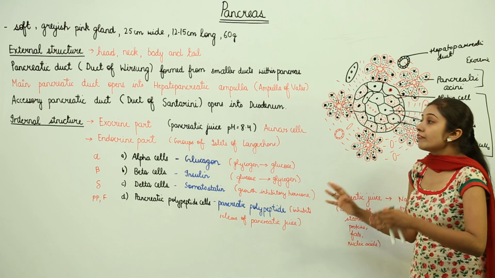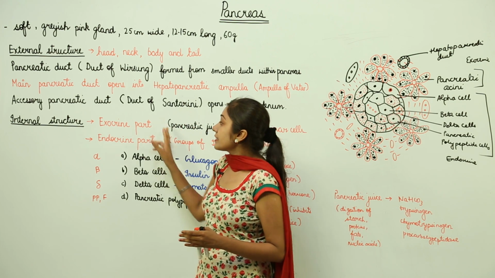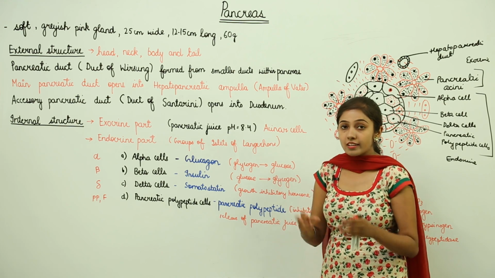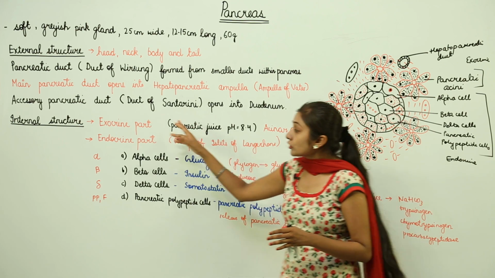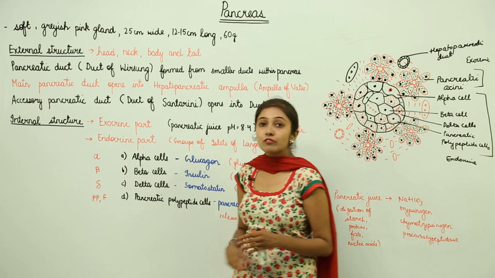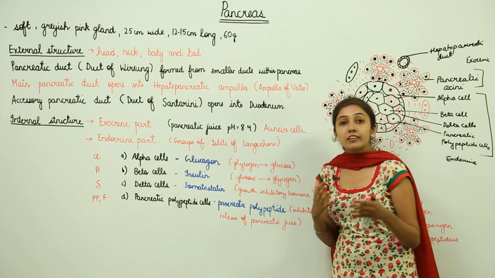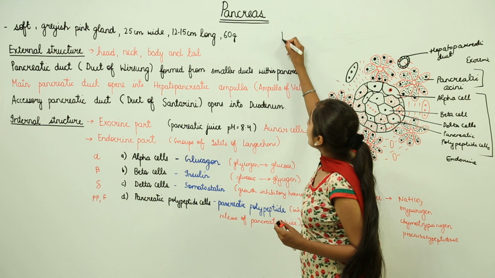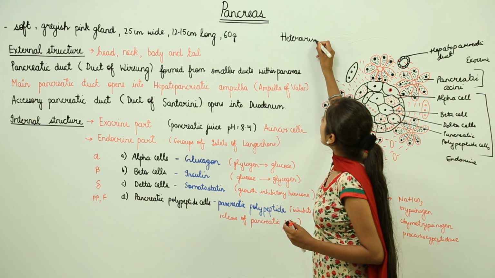So overall, we have discussed the exocrine part and the endocrine part. It releases pancreatic juice directly through the hepatopancreatic duct into the duodenum. It also has an endocrine part which releases these hormones. So this pancreas is also known as a heterocrine gland. Why?